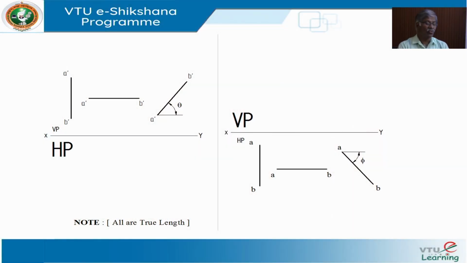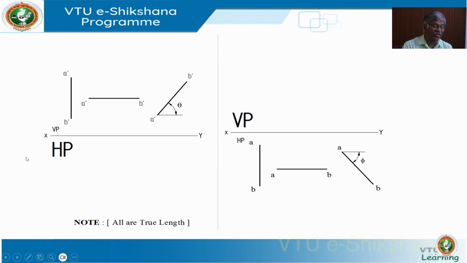Okay, when it comes to projection of lines, I am very much interested in giving some important points. Here I have two figures, and in this figure I have lines which are perpendicular to XY, parallel to XY, and inclined to XY. This depicts the line is perpendicular to HP, parallel to HP and inclined to HP.